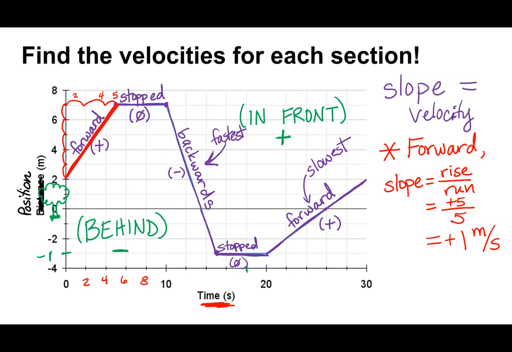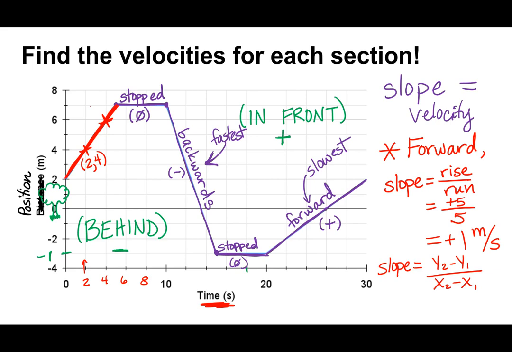Now, the other way you can do it is by doing y2 minus y1 over x2 minus x1. For this, we would need to find a couple of data points. I would always pick ones that are actually on the intersection spots here. So this first one is at a time of 2 seconds at a position of 4 meters.